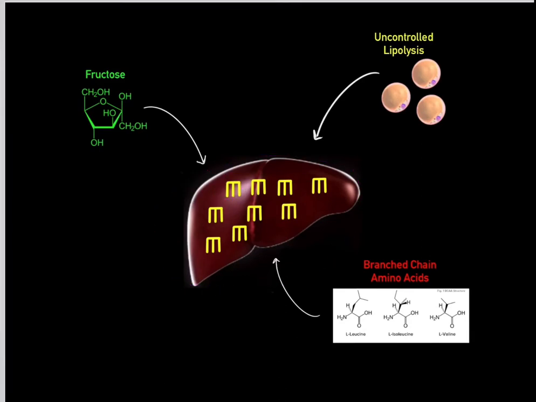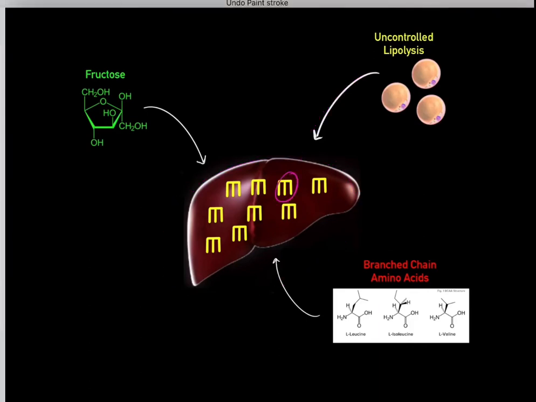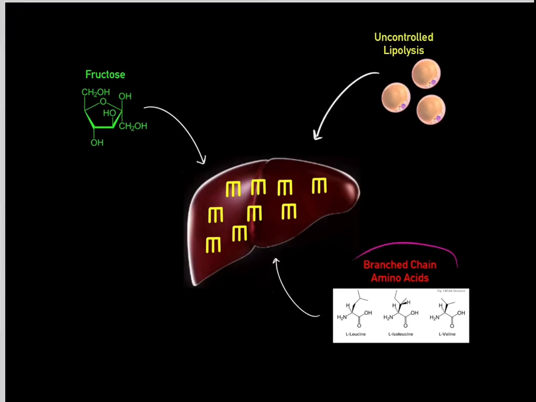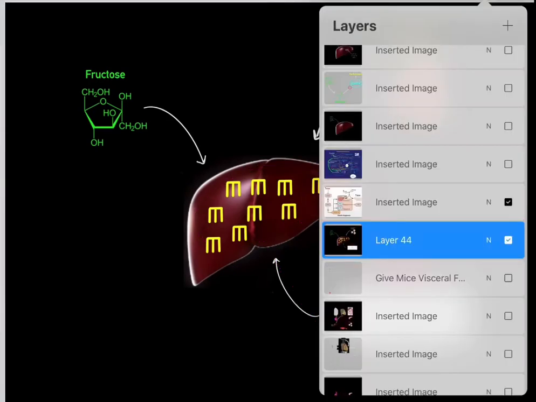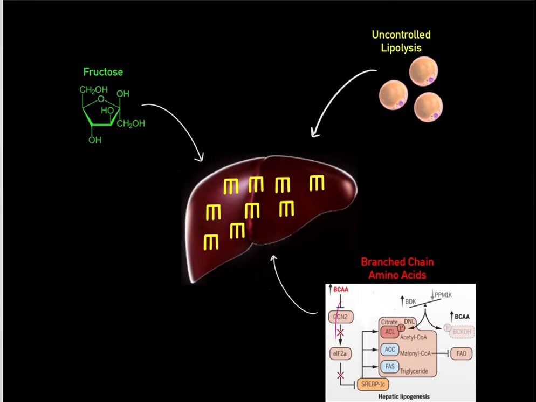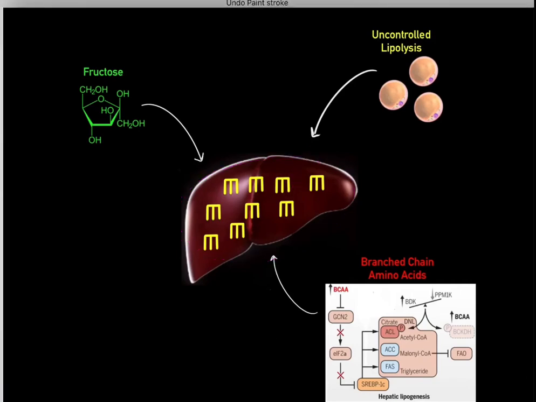One major contribution is through this uncontrolled lipolysis, where these adipocytes go through lipolysis, releasing these free fatty acids that are taken up by the liver and are used to form these triglycerides. Another factor is these branched-chain amino acids. So branched-chain amino acids can induce hepatic lipogenesis through many mechanisms, but one major mechanism is through this particular pathway, where it leads to the formation of citrate, which is then used for this de novo lipogenesis, forming these triglycerides.